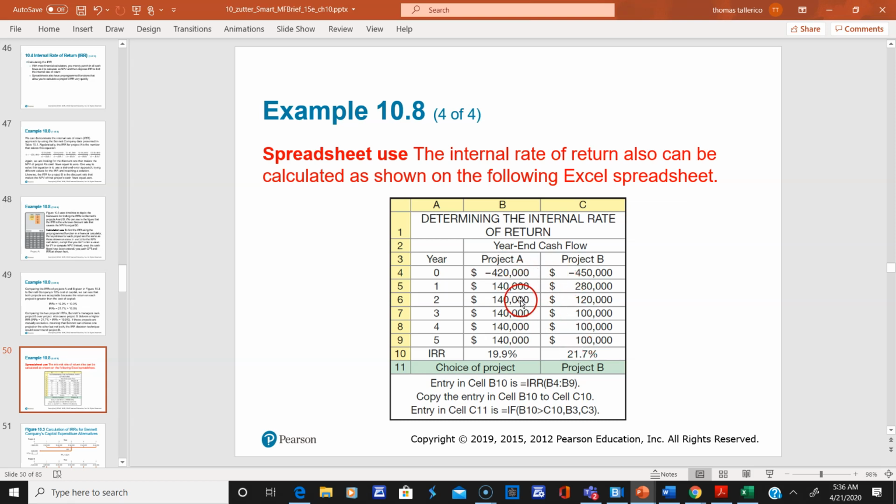The internal rate of return function is going to give you the value right here. You see that? So what you have to do is enter the cash flows, or even the cell numbers where the cash flows are, and you get these values. Here's Project B. Here's Project A. And it's just that simple.